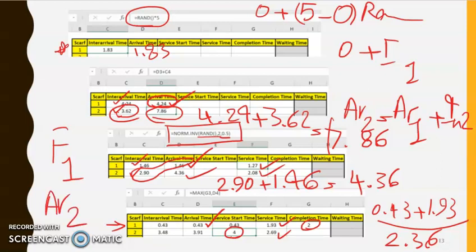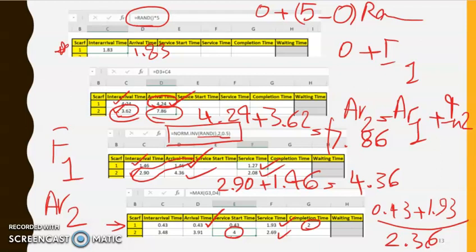And we should go for the maximum one, because if F1, the finish time of customer 1, is greater than the arrival time of customer 2, it means that customer 2 needs to wait until customer 1 is done.